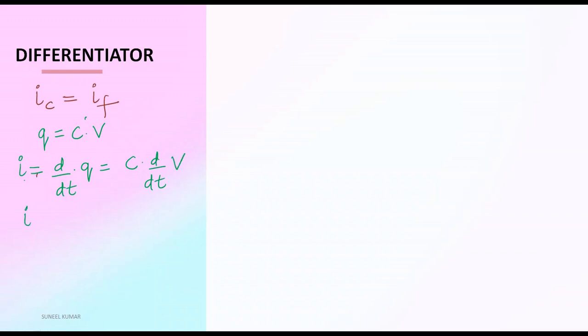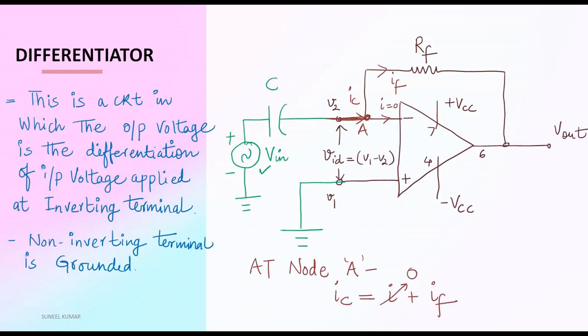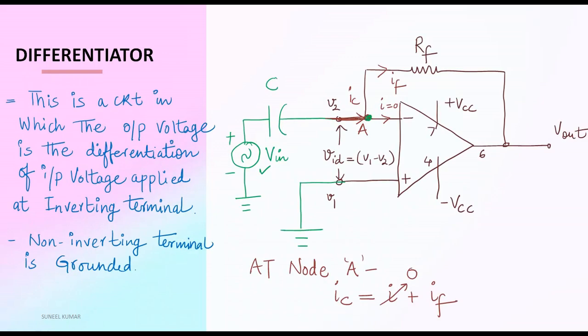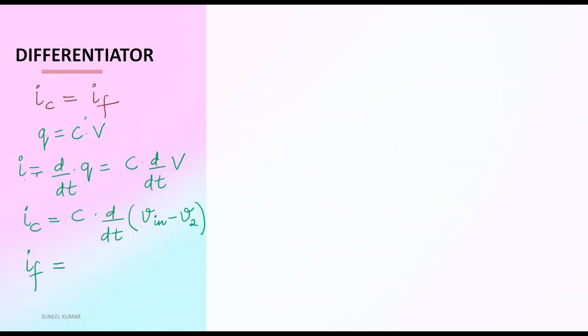So IC will be simply C into d by dt of the voltage difference, which is V input minus V2. And IF is the voltage difference, V2 minus the output voltage V out, divided by the feedback resistance RF.